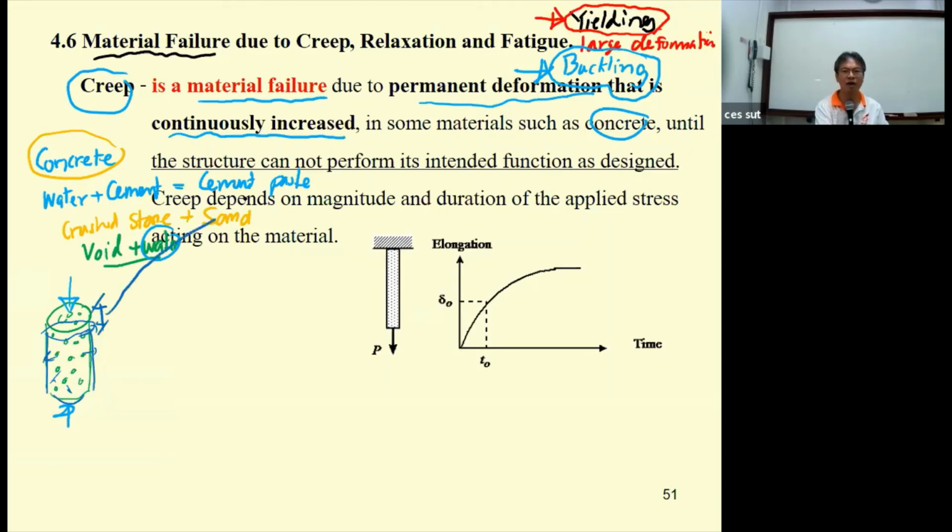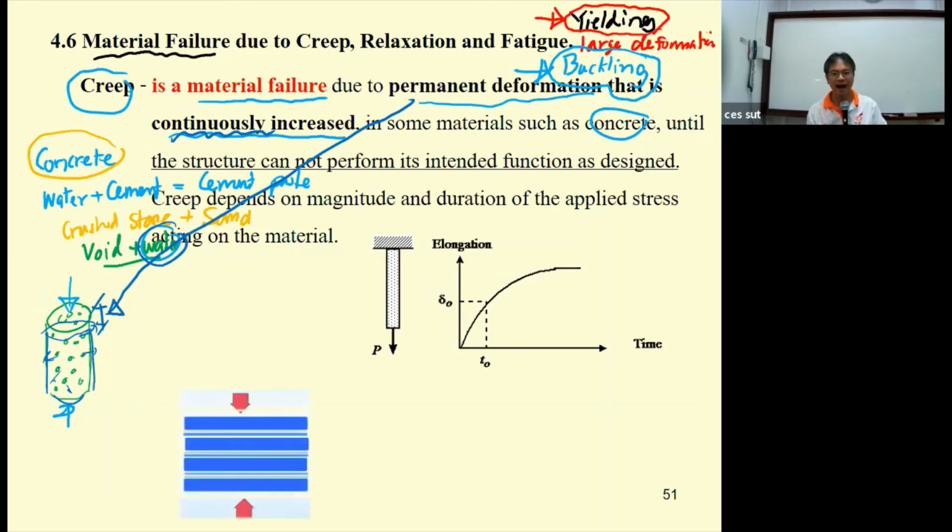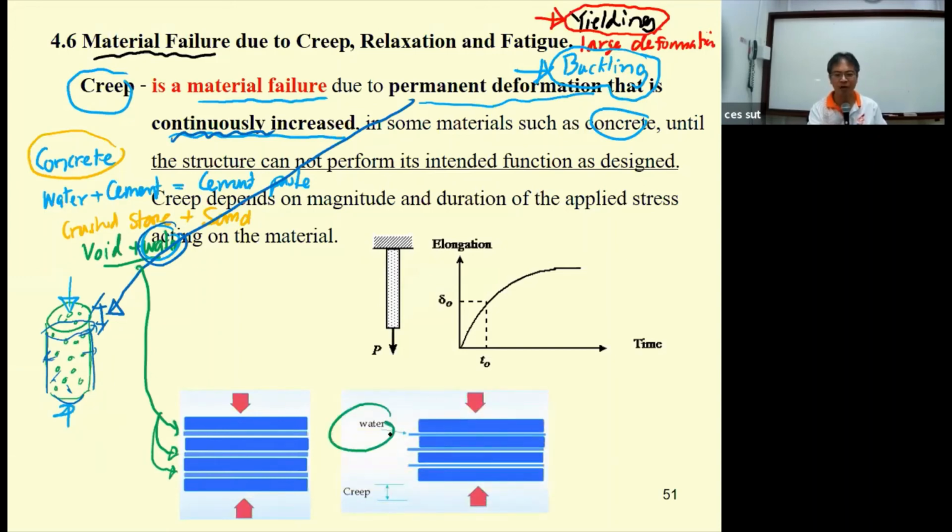This is called permanent deformation, and it is going to increase as long as the water is leaking from the concrete. Okay, and then it's going to get shorter and shorter. There is a model of this showing the void and the water. When the concrete is in compression, the water leaks out and the creep occurs here.